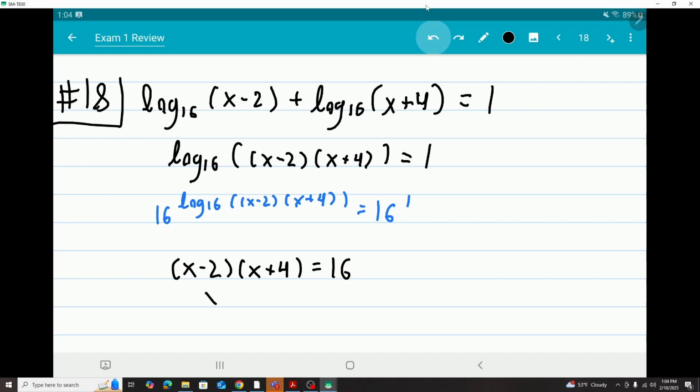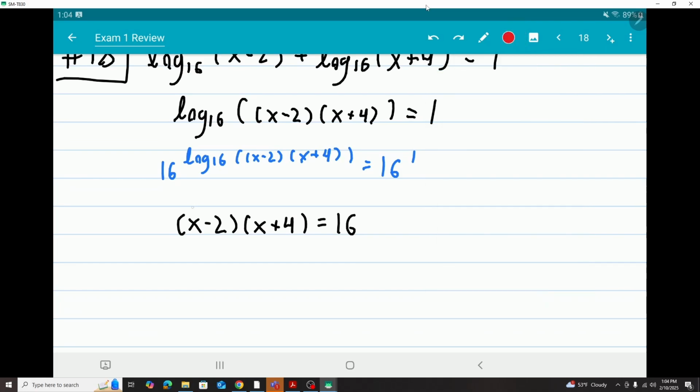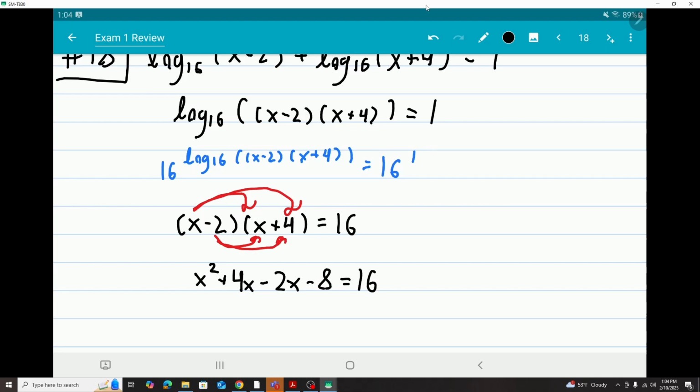So now let's FOIL this out, and solve it like we would a normal quadratic equation. We get x squared plus 4x minus 2x minus 8 is equal to 16.